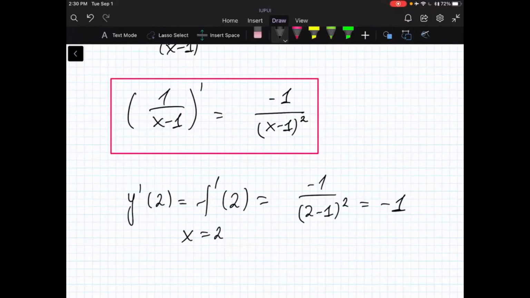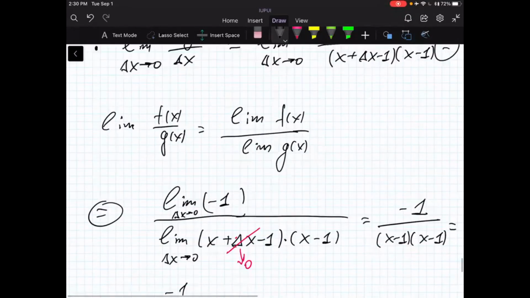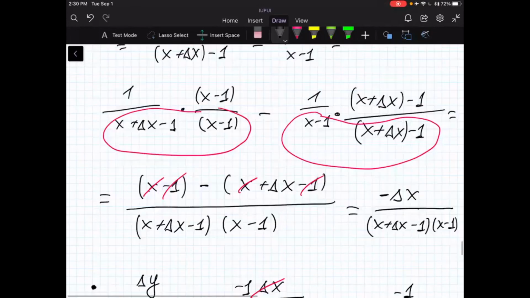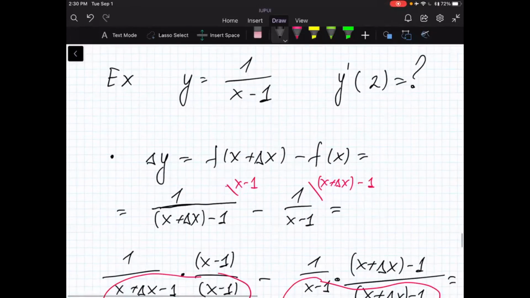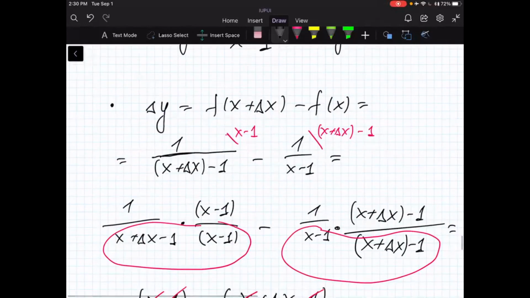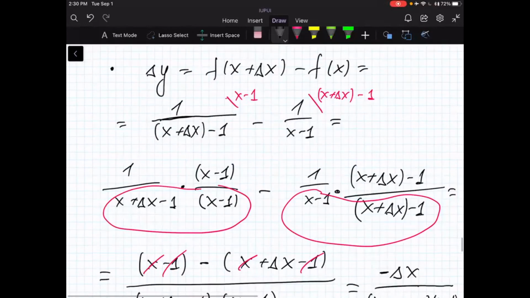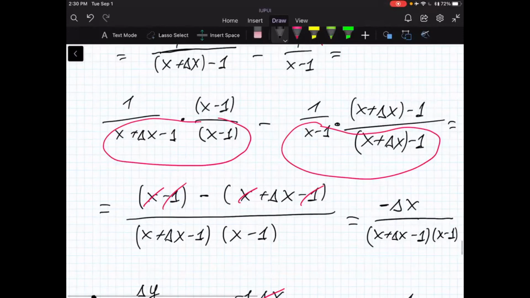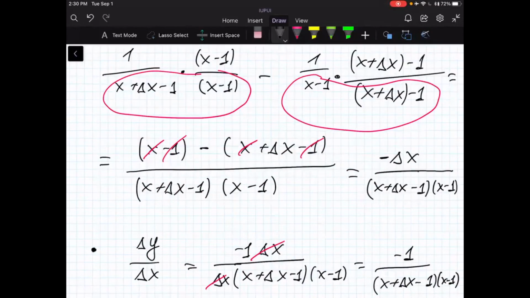Okay, so this example is slightly more complicated because we do not have cancellations at the beginning. We had to work a little bit to consider the common denominator of two fractions, and only after that we see some cancellations.